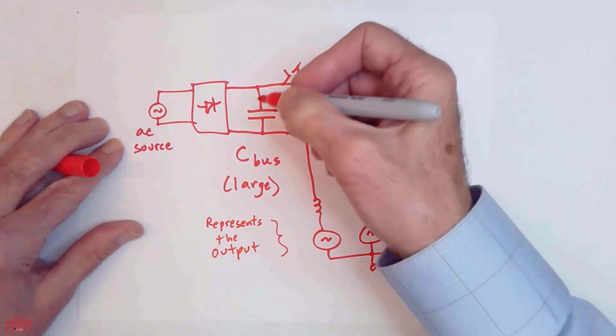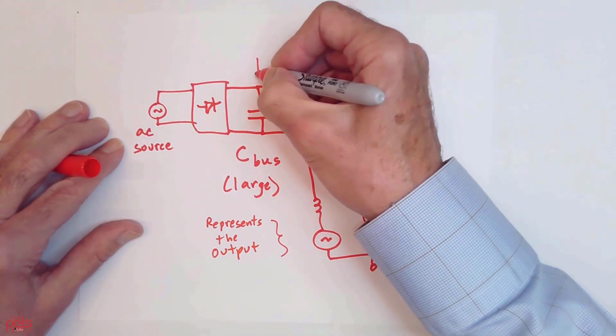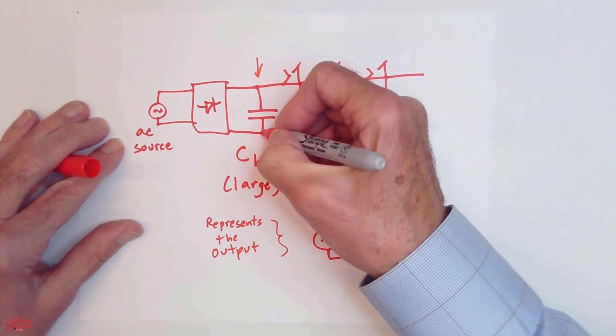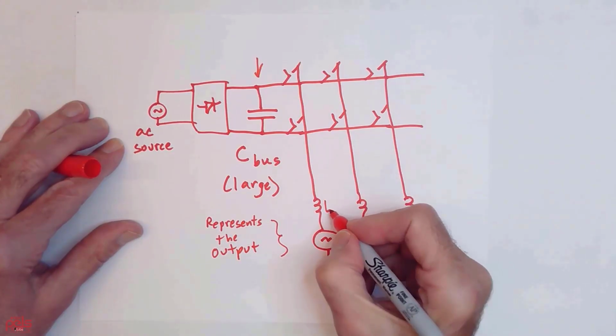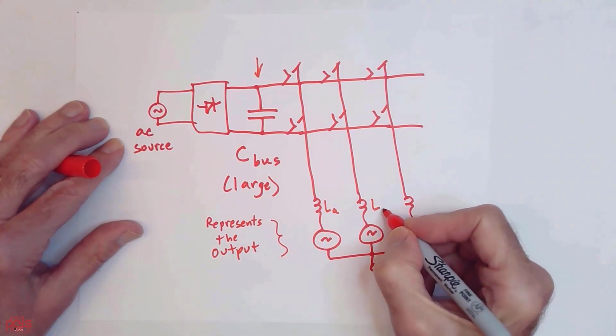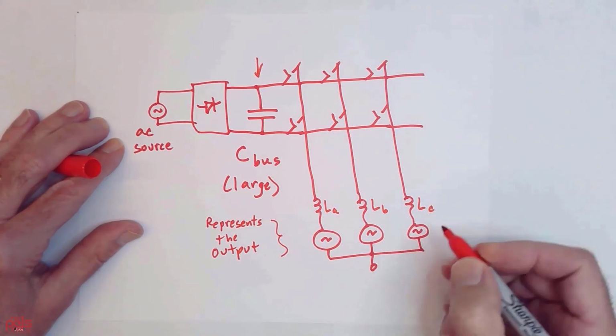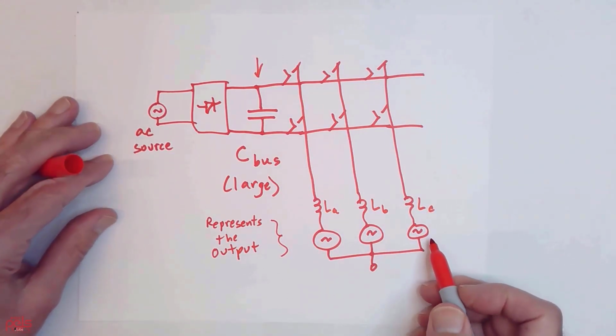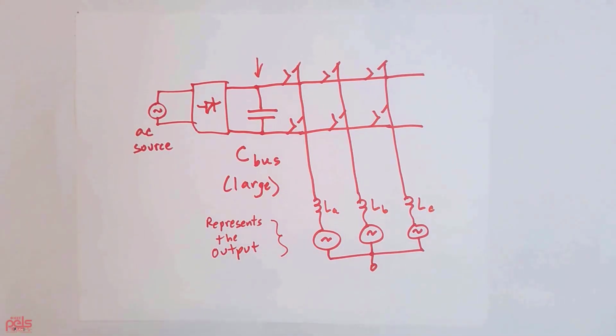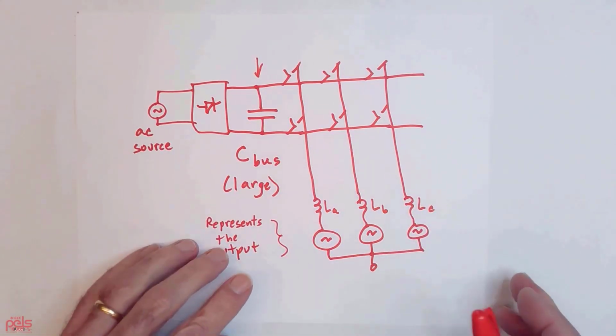Okay, so here I have trade-offs because I need this large bus capacitor. I need these inductors, and I may have to make them explicit filter inductors. And then I have whatever's going on here at my source end. And I want to be a little bit careful with this.